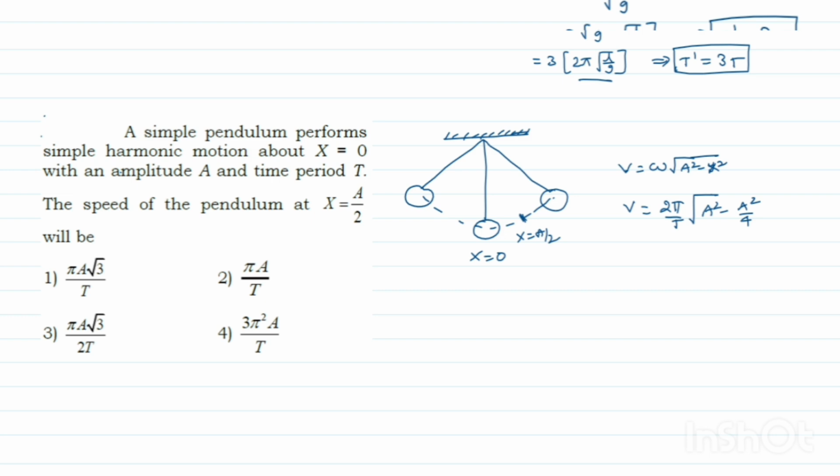Now when you simplify this, we get 2 pi by T into 4a square minus a square, which is 3a square. So it's root 3 a by 2. This 2 gets cancelled, so the speed of the pendulum at a distance x equal to a by 2 will be pi into root 3 into a by T. So this is the correct answer.